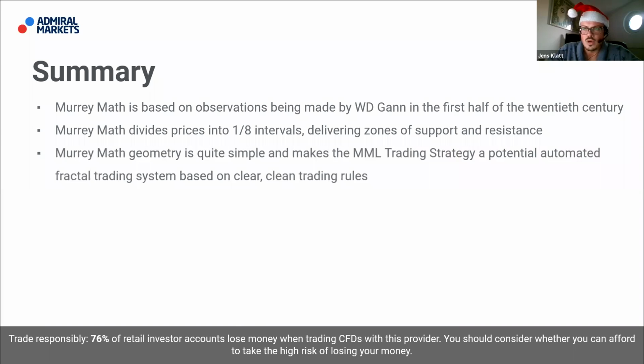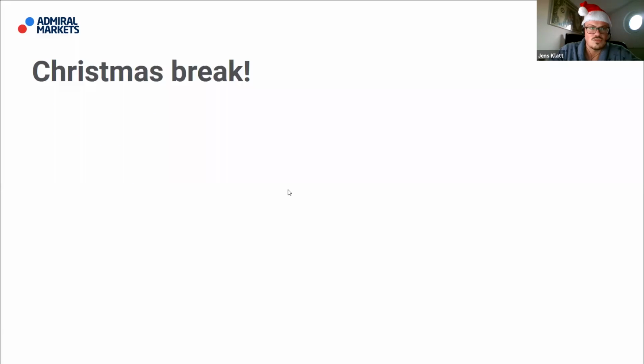Murrey Math is one of the concepts which are very interesting also for me, because it is a very, very simple concept. You have a high, you have a low, and then you divide the chart in 8, and that's it. And with the presented strategy, a basic concept here, a potential automated fractal trading system could be formulated, which is based on clear, clean trading rules.